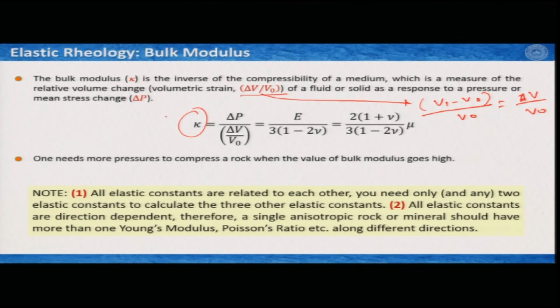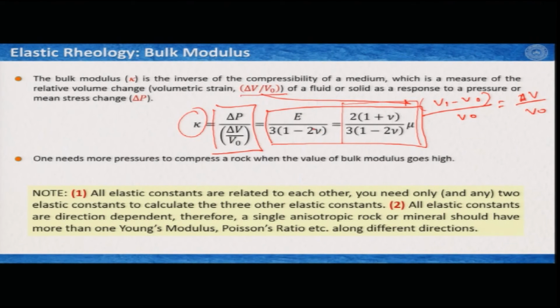So, you can write it this way: this is your pressure change and this is your volume change, and then with some calculations and relationships you can express your kappa in terms of shear modulus, Poisson's ratio and Young's modulus.